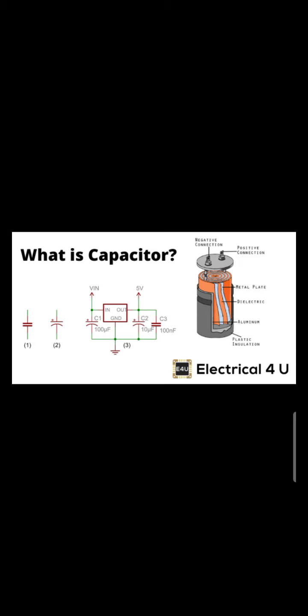At last, I'm going to summarize the definition of a capacitor. It is a device that accumulates energy, that is, stores energy in the form of an electrostatic field. A capacitor is an electric device that stores energy in the form of an electrostatic field and releases this energy in the form of electricity in a given circuit. It is used for storing electric energy.